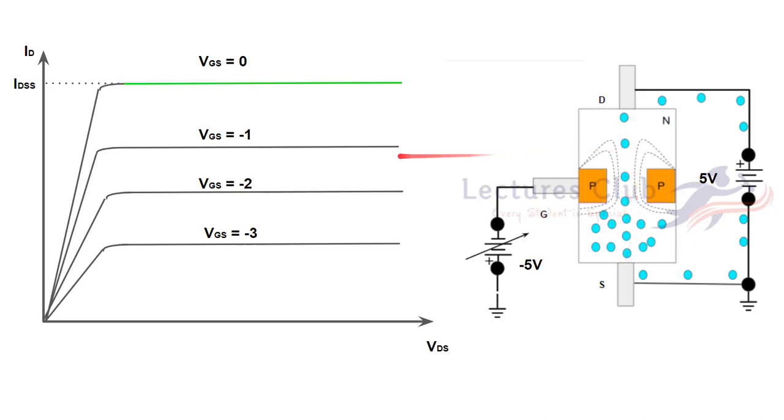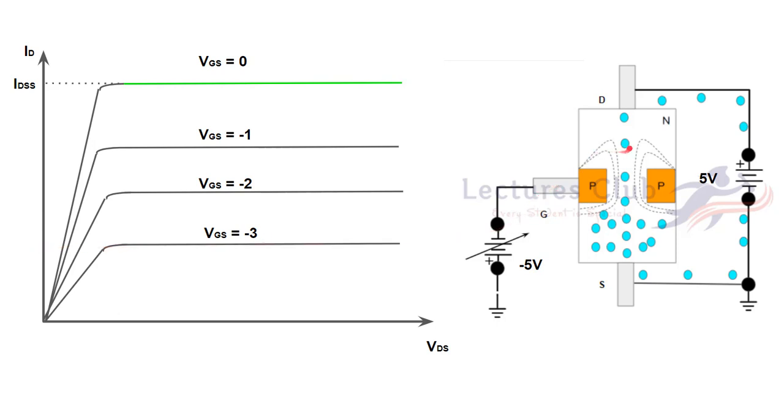You can observe that when you increase the gate to source voltage, the drain current decreases. These straight lines represent the different values of drain current. This is the value of the drain current at VGS -1, this is the value at VGS -2, and this is the value at VGS equal to -3.